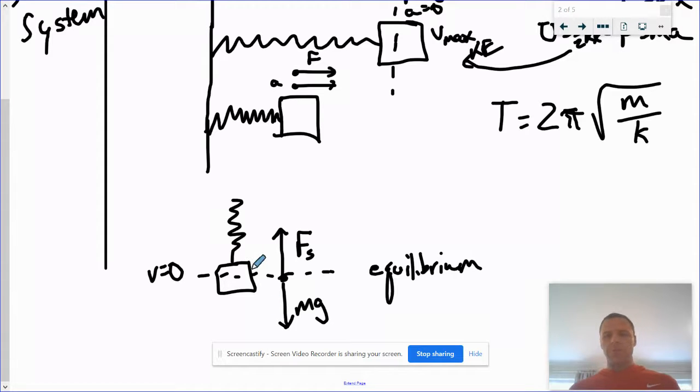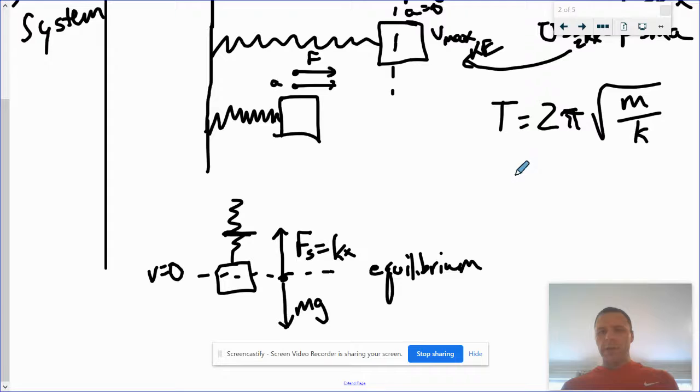So this is the equilibrium point for a system in the vertical setup. If we were to pull this down away from equilibrium and set it in motion, then it would act the exact same as a horizontal spring system. So there's really no difference between the two, and this would be equal to kx, how much the spring was originally stretched. But once we get it to this equilibrium balance with gravity, then we can just set it in motion and you treat it as a horizontal spring system.